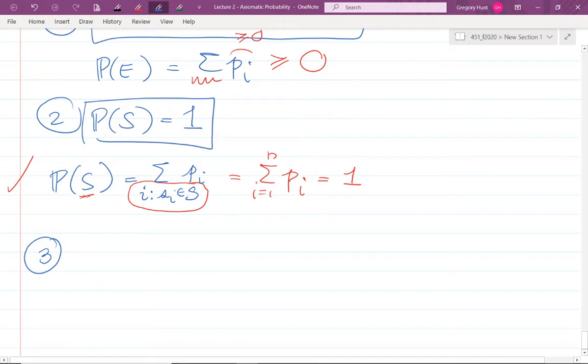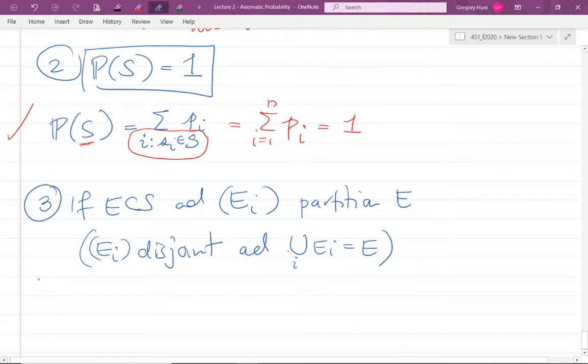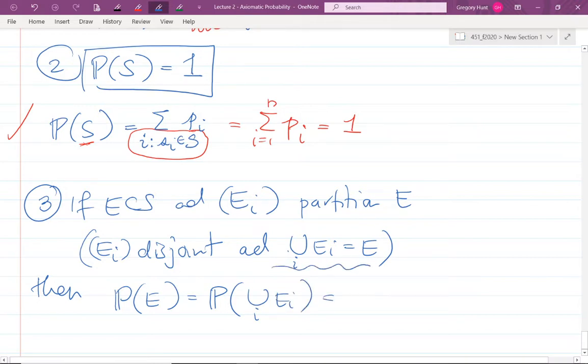So the third axiom says that if E is some event, so a subset of our sample space, and we have some partition E sub i of E, then, again, what that means is that these E sub i are disjoint, and that the union over whatever the index set is of the E sub i is E. Then the third axiom of countable additivity says that the probability of E is the probability of the union of these E sub i. That's required that they partition.